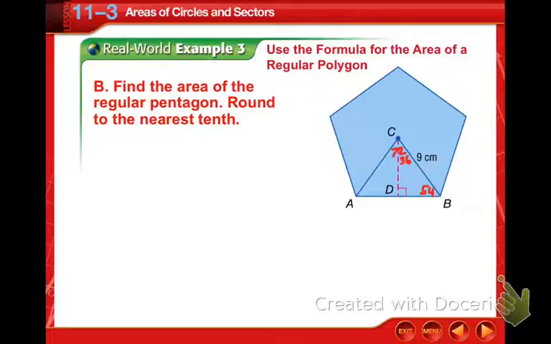So I'm going to label these as S and L. So sine of 36 is equal to S over 9. So S is equal to 9 times sine of 36.